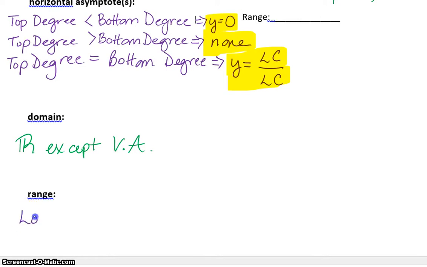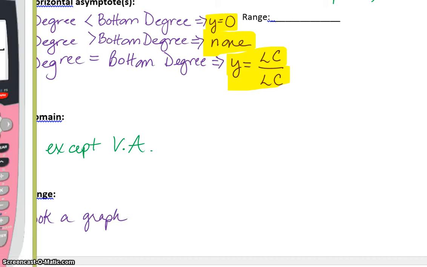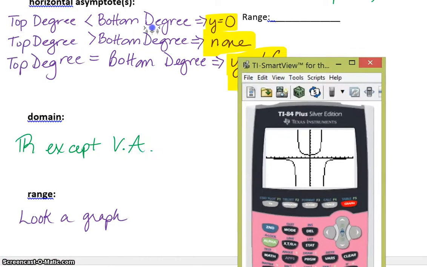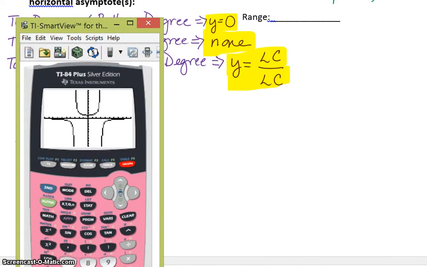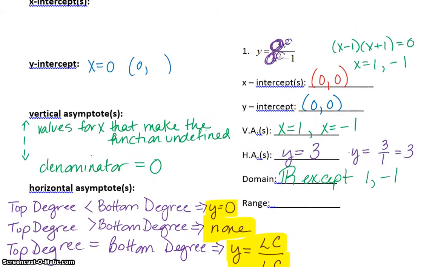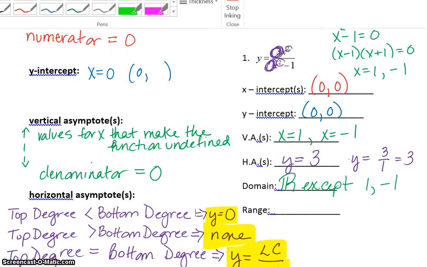So we're going to look at the graph when we're talking about range. So when it comes to the quiz, we may give you the graph, okay, because the quiz will be non-calculator. You wouldn't have to draw it yourself.